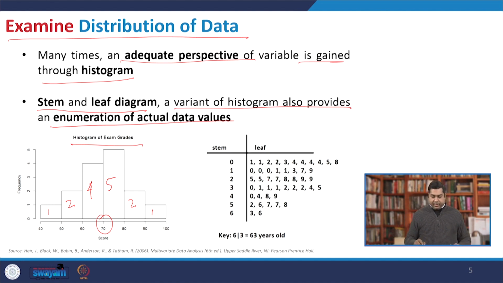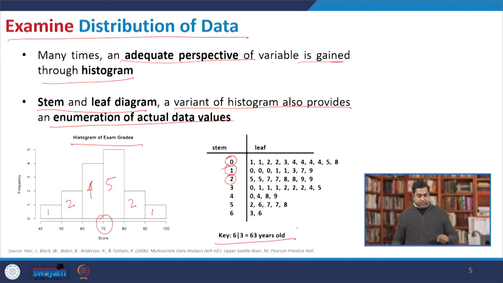Say in a stem and leaf, what you normally do, here it is the number and it is determining the frequency, and this is the first digit of any value. Say, for example, this is something about age.